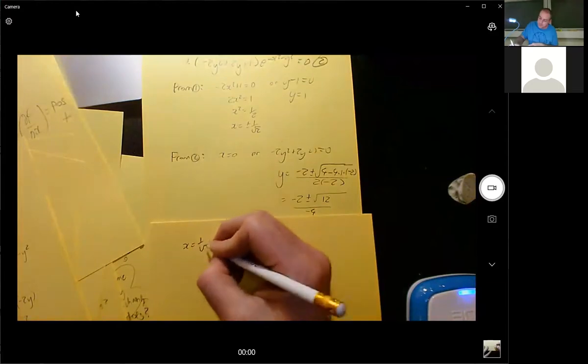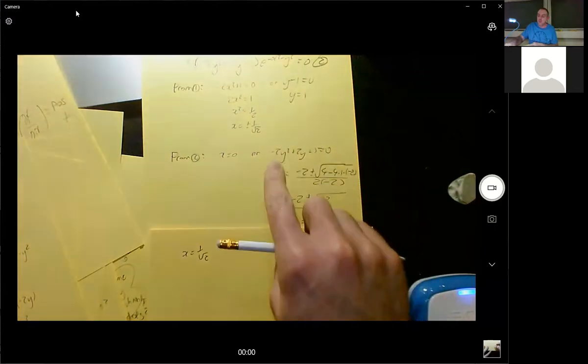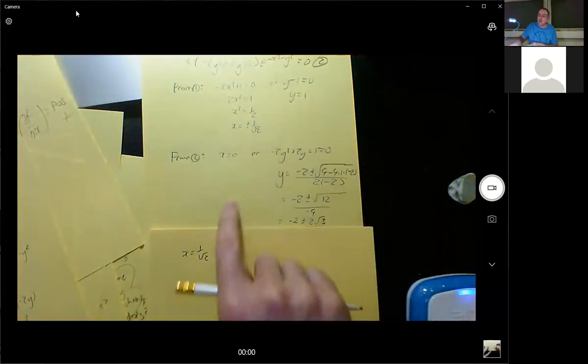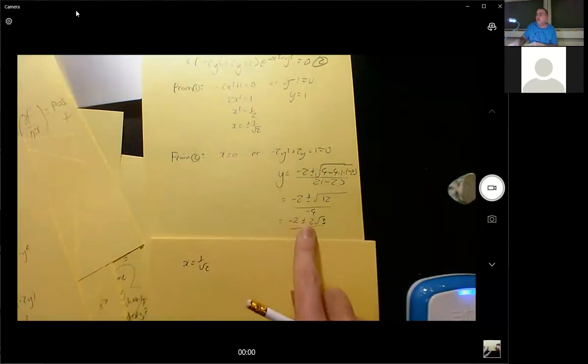So when x is equal to 1 on root 2 from number 1, the y needs to be, if x is equal to 1 on root 2, then in the other equation it's not 0, so the y has to be one of these numbers.